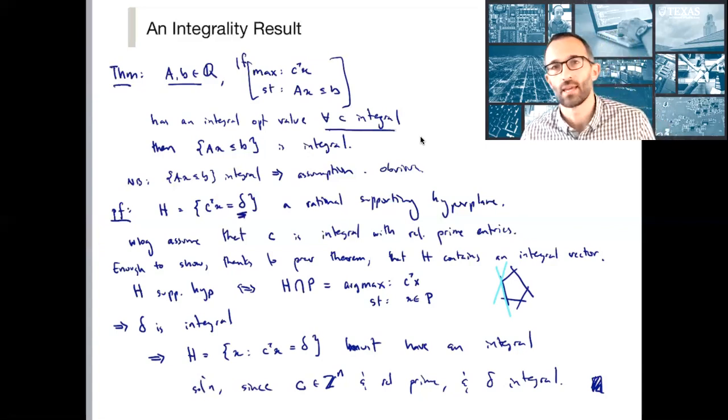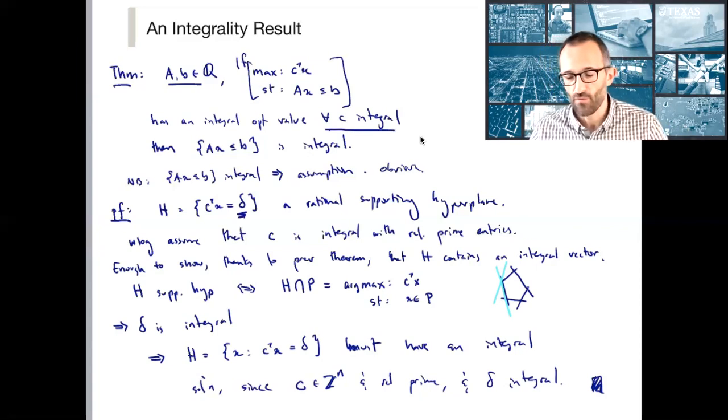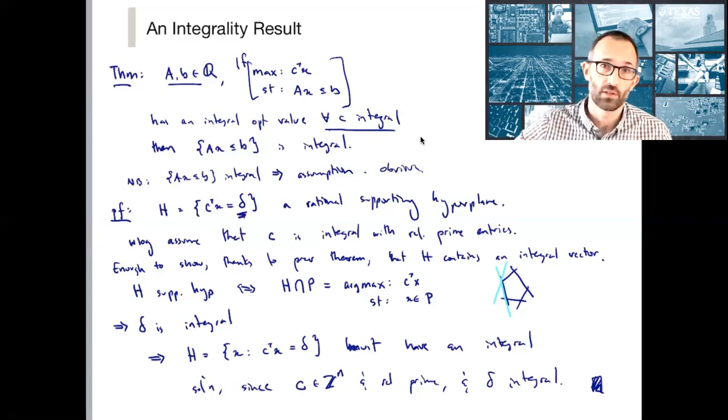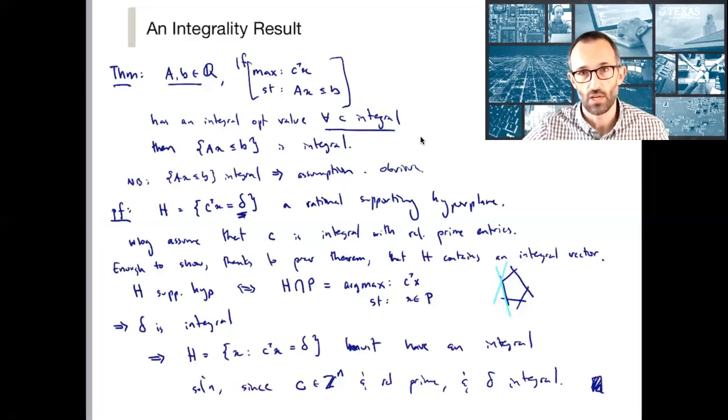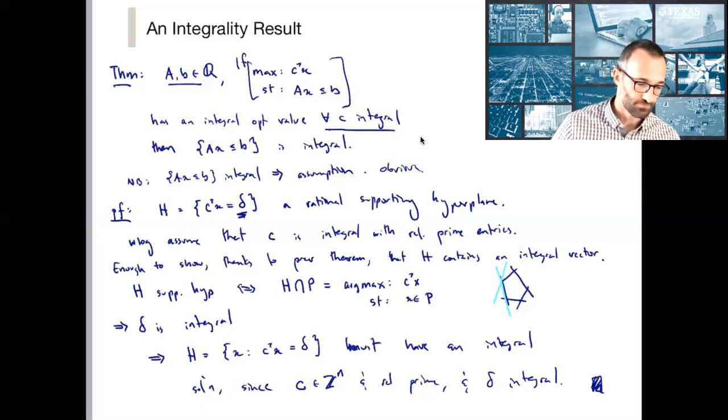It's not a result saying that if for every direction the optimal solution is an integral vertex, then the whole thing is integral. That's completely obvious. This is saying that for any integral objective function, if you get an integral value, then that is a sufficient condition to guarantee that every single extreme point has to be integral.